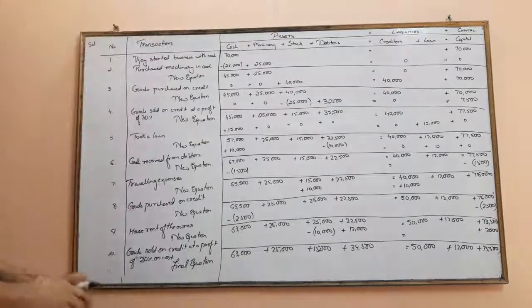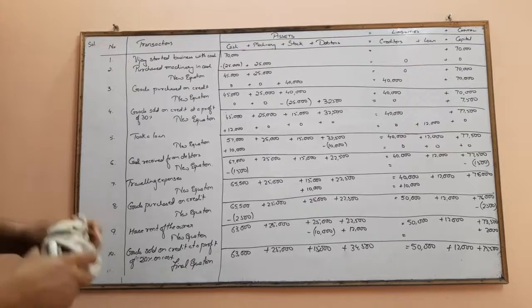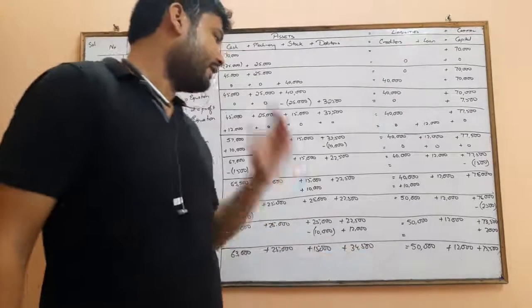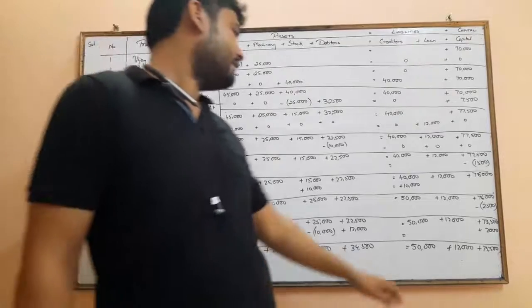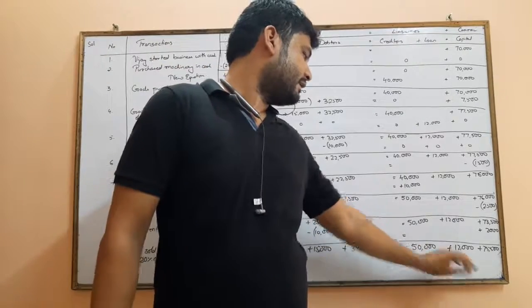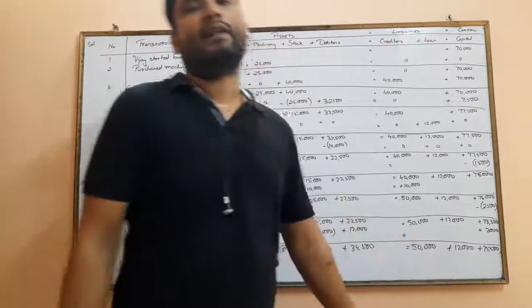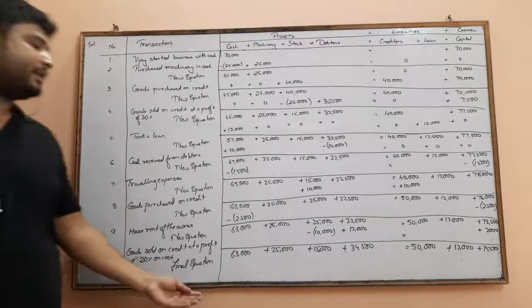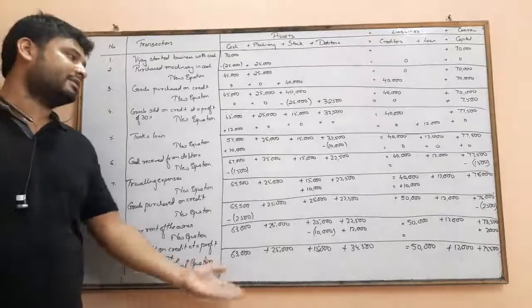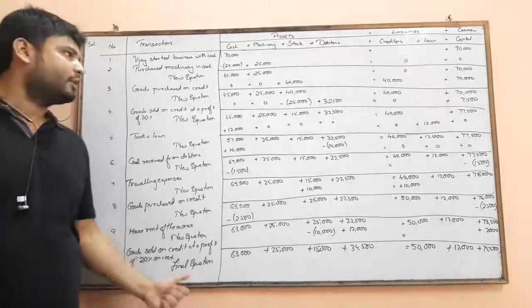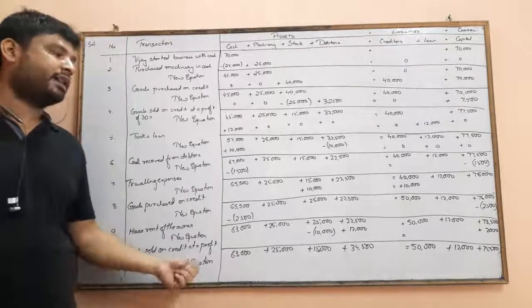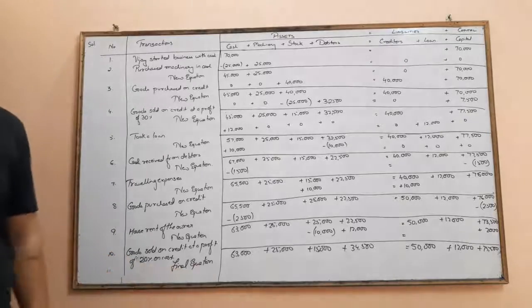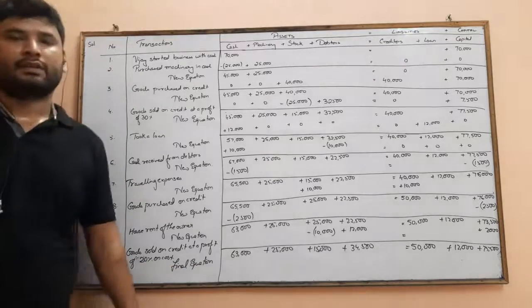Now if you want, you can check the equation. 63,000 plus 40,000, 1,03,000, 1,37,500. Over here 62 plus 75, 1,37,500. So the equation is now balanced with this particular transaction. This is how accounting equation will be done. Copy it, then we'll tell you how to create a balance sheet on the basis of this final equation.